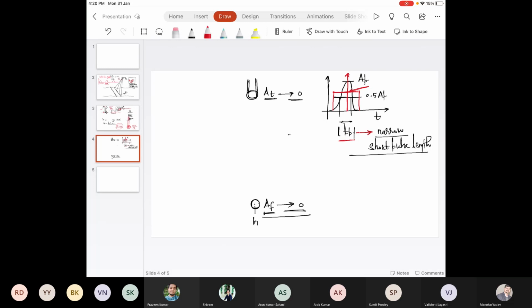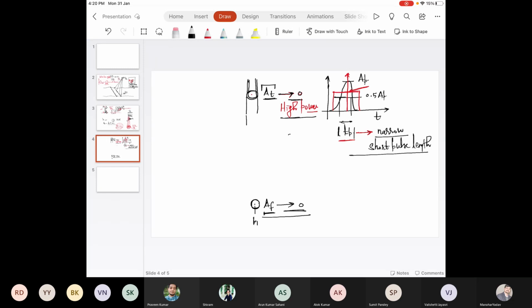Now, this area AT tends to 0, but if this aperture becomes a point, we can't generate a high power laser beam, and this is the requirement. So a high power laser beam can't be generated. So we should have a fixed AT. It means this is the confinement.